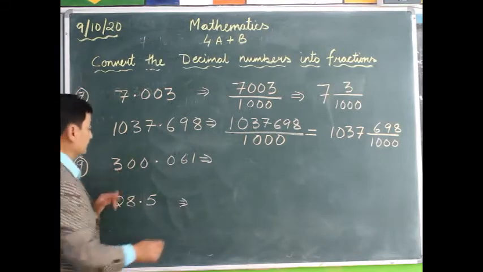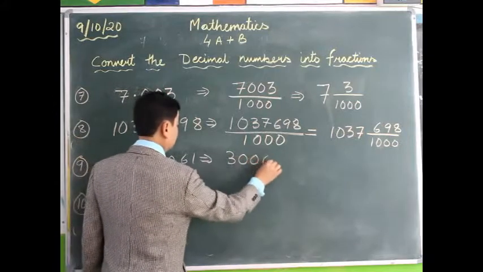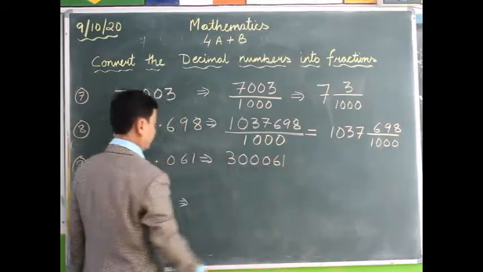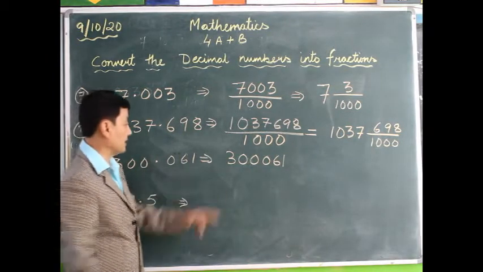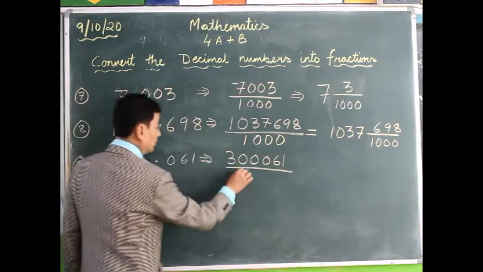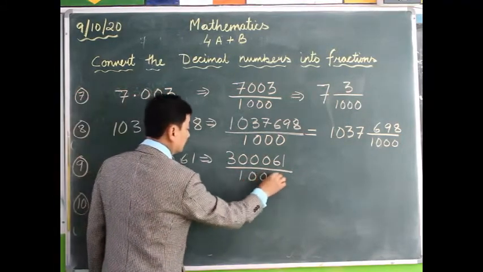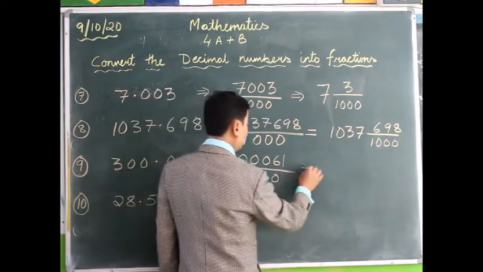Let's look at the other number. 300.061. Again, 300061 upon 1,000,000. Let's convert that into a mixed number.